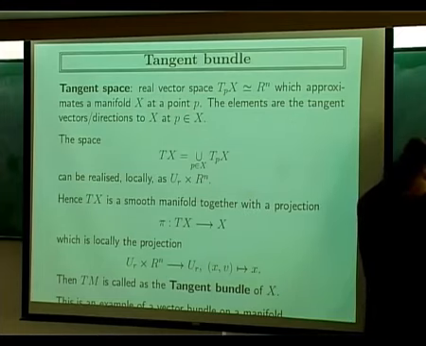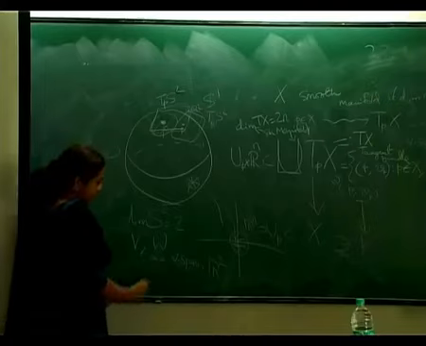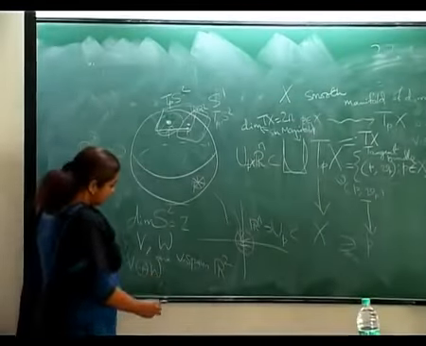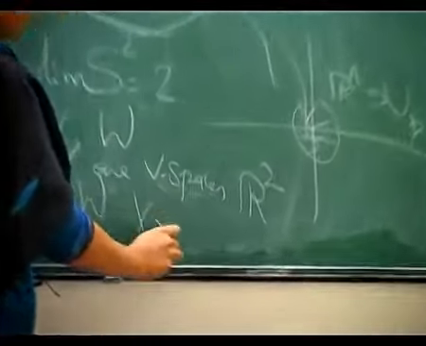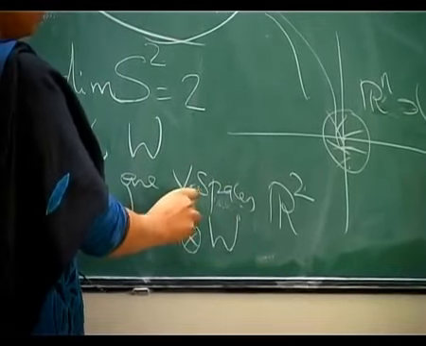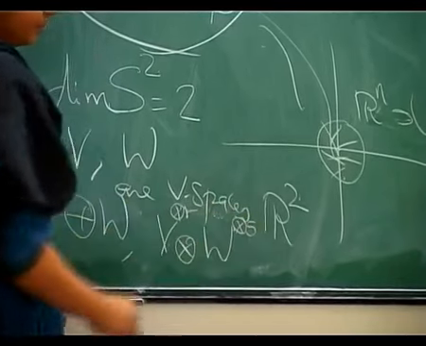So suppose V and W are vector spaces. You can take the direct sum, and then you can take tensor powers, for example V tensor W and so on, and you can take several copies of them, say R times and S times.